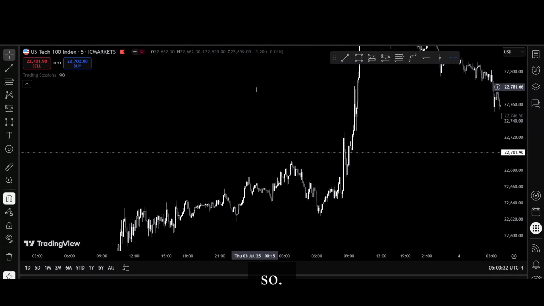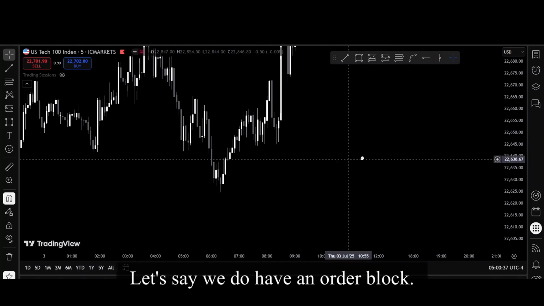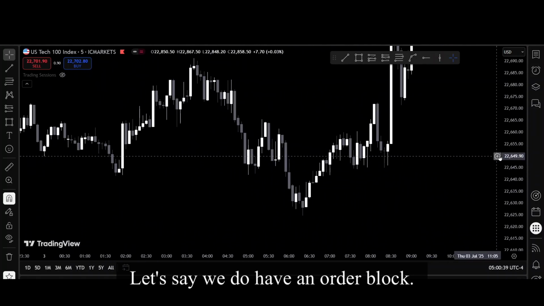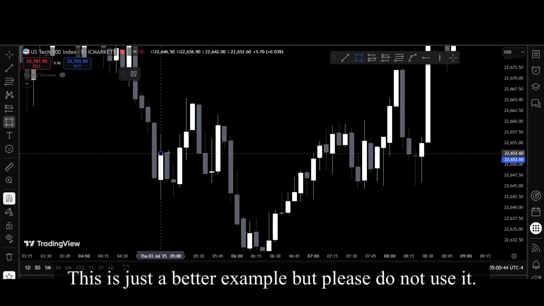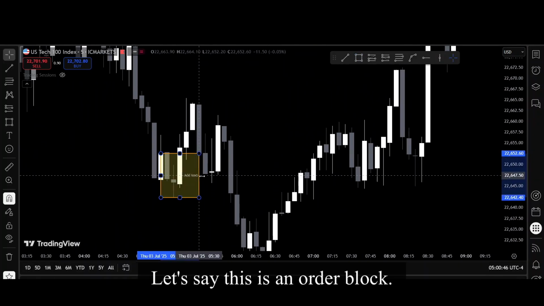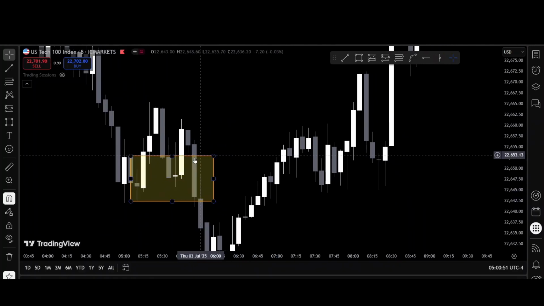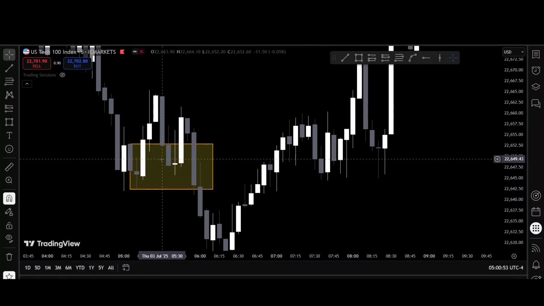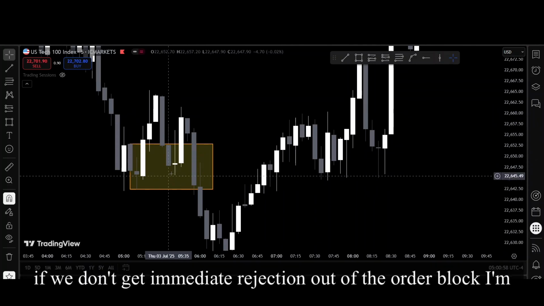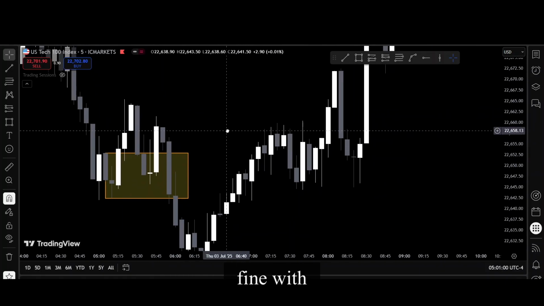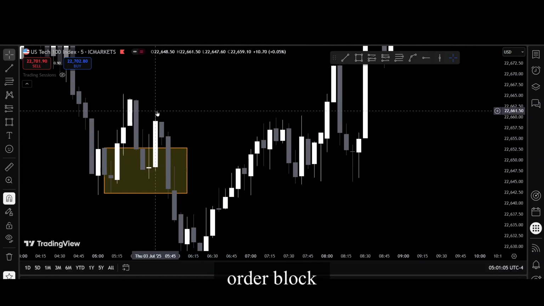So let's say we do have an order block. This is just a bad example, but please do not use it. Look, we pushed really deep into the order block. If we don't get immediate rejection out of the order block, I'm fine with taking a trade when we have a good bullish closure out of the order block.